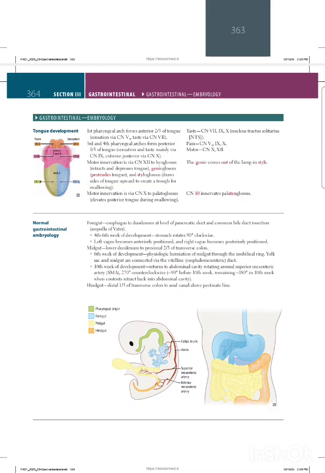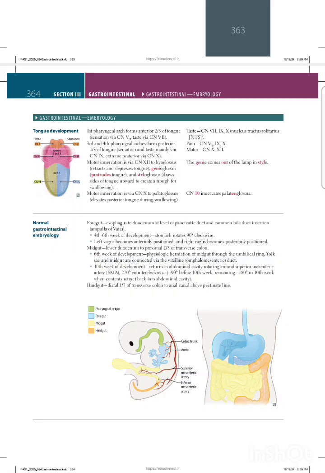Motor innervation for all of them is with cranial nerve 12. Motor innervation with cranial nerve 10 is for palatoglossus.